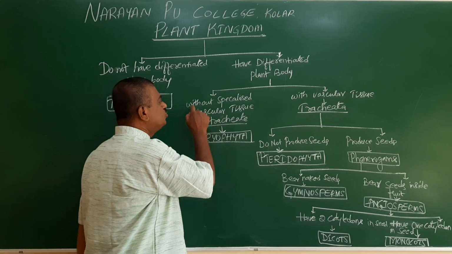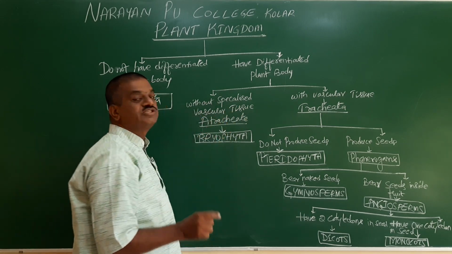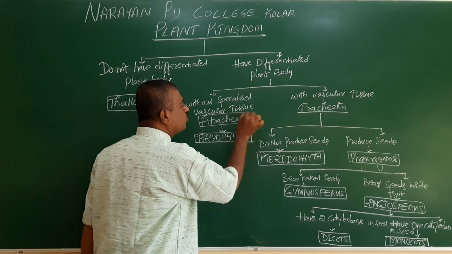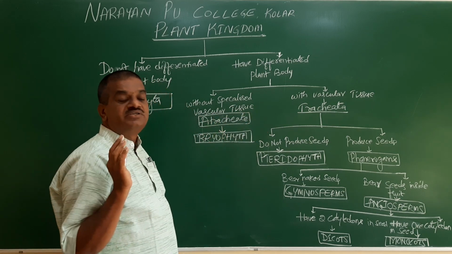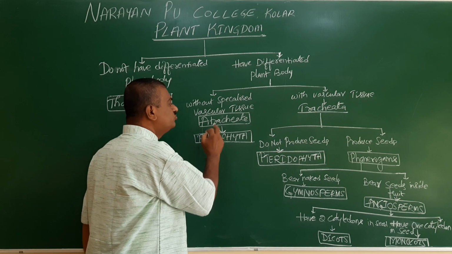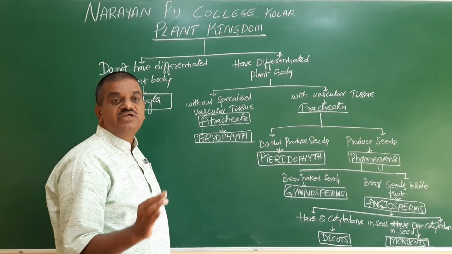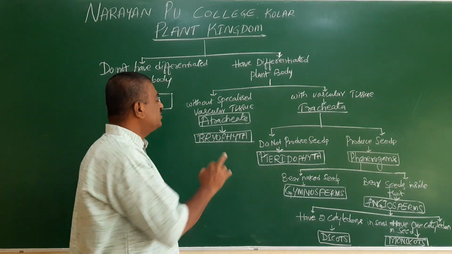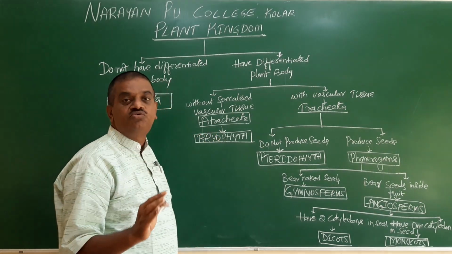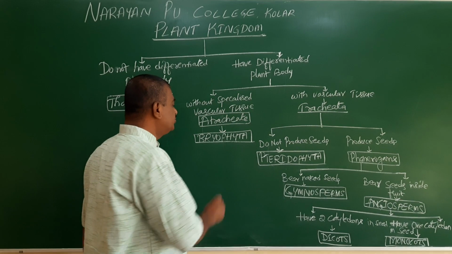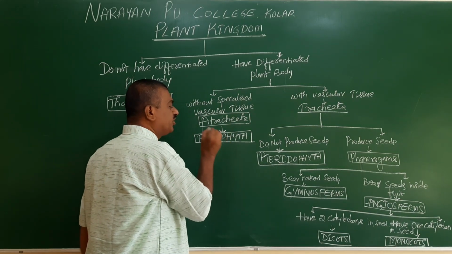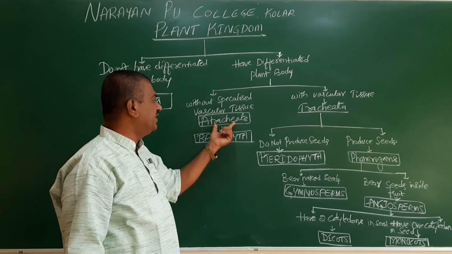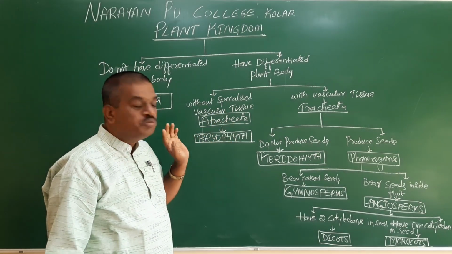The first one is without specialized vascular tissue, so they are called Atracheata. Here xylem and phloem are absent. This is usually the bryophytes, where xylem and phloem are totally absent. Under this Atracheata, there is the presence of bryophytes.